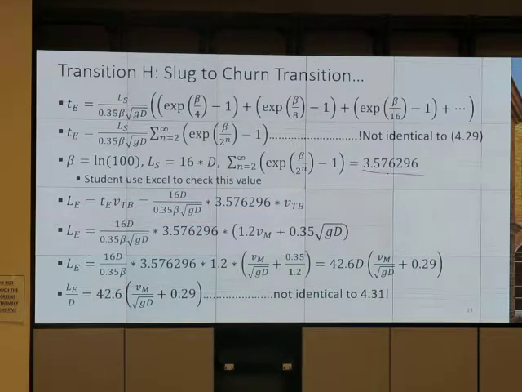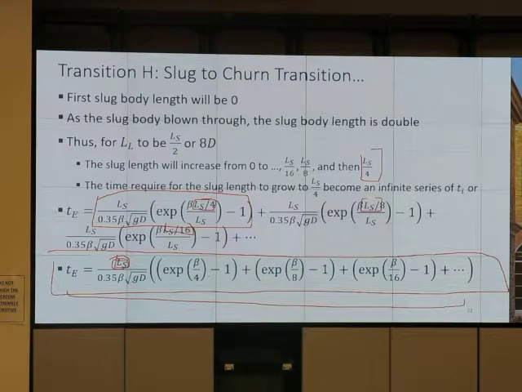My summation is here. When I substitute the value, 0.35 beta square root of g D. But my L_s, the stable slug length, is 16 diameter, so I put it over there. The last term I didn't add because they suggest it goes too far, until L_s over 4.